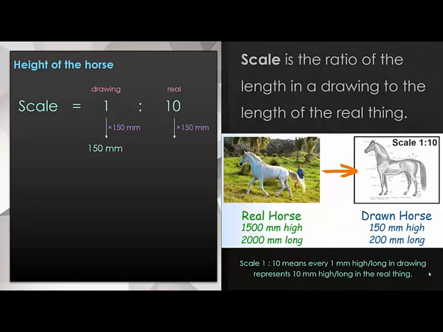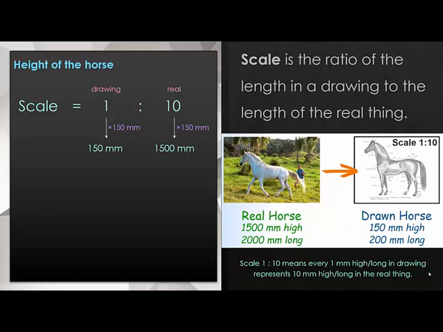So 10 times 150 millimeters equals 1,500 millimeters. It means the height of the real horse is 1,500 millimeters with the scale in the drawing 1 to 10.